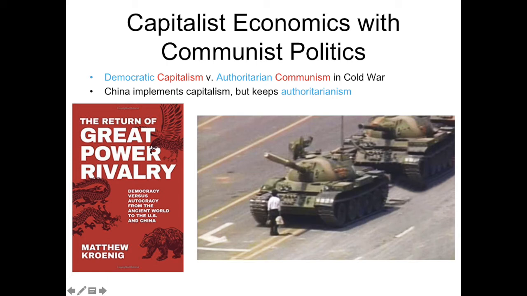Nonetheless, pro-democracy advocates start making demands on the Chinese political system to also reform, to allow for greater democratic accountability, more freedom. There are the Tiananmen Square protesters that famously in 1989 were, several of them were actually massacred by the communist government, the Chinese government.